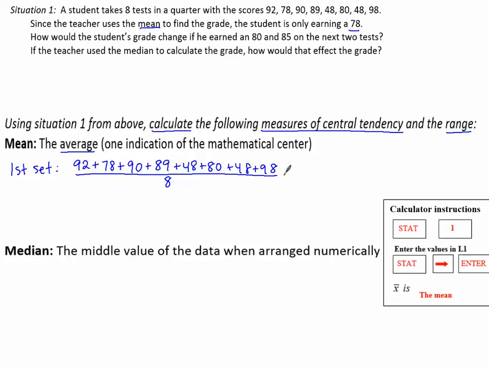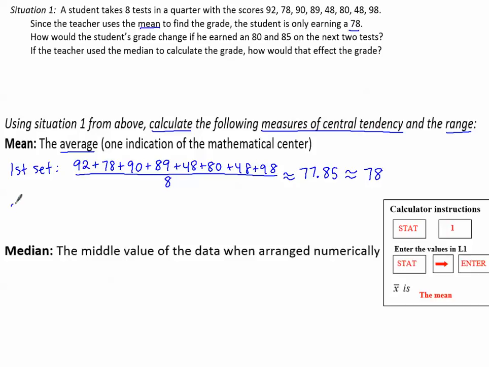And that gives us approximately 77.85, but because we're rounding to the nearest whole number in all of these, we're going to say approximately 78.